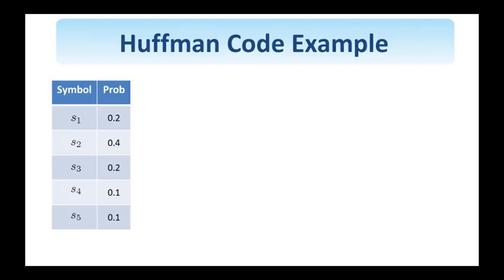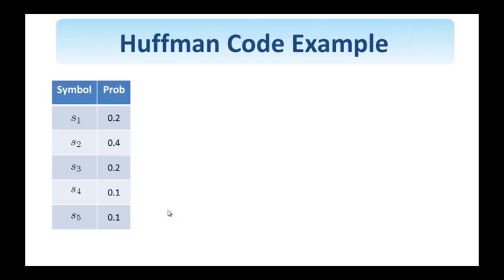So here is a simple source. It emits 5 symbols with the associated probabilities. We want to build a Huffman code to represent the symbols of the source. According to the procedure we just described, I'll have to look at the probabilities of the symbols and consider the symbols with the smallest probability.